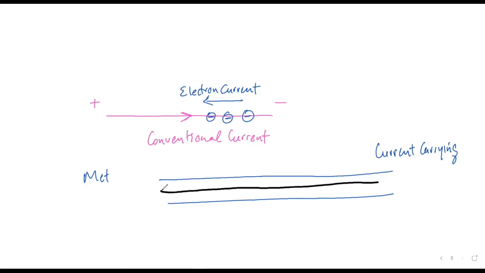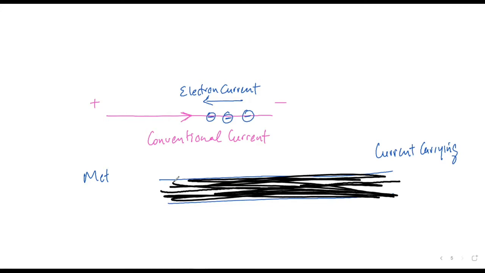So usually if you see any household wiring, if you have seen an electrician working, you would see this plastic covering, and inside the plastic covering there is this copper wire. Have you seen? Yes, sir. So in our household, we'll see a wire like this. There would be an insulating covering, and inside that insulating covering there is a copper wire.